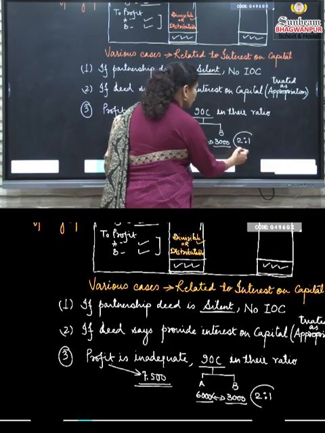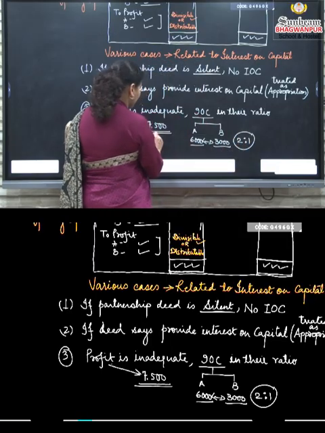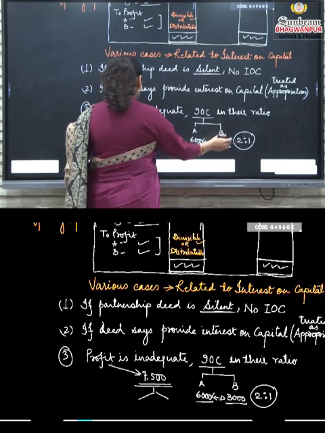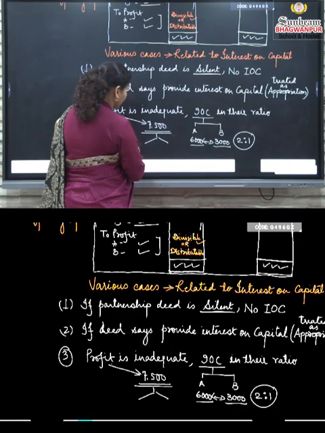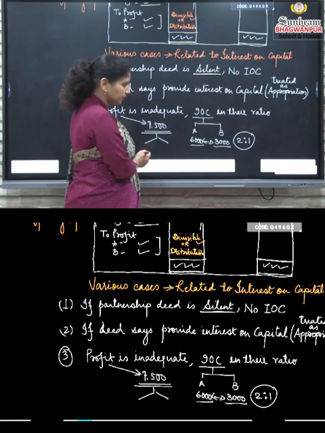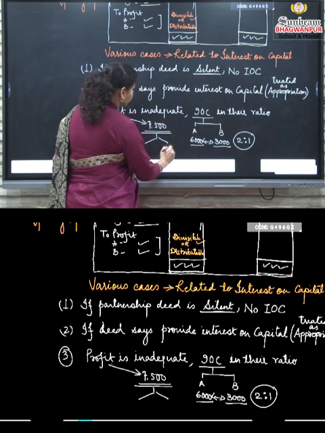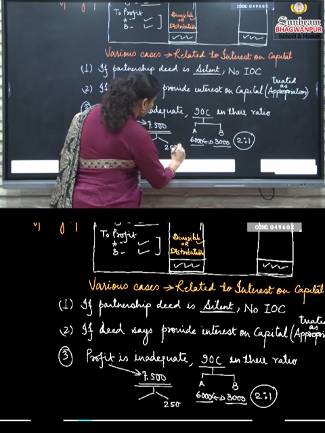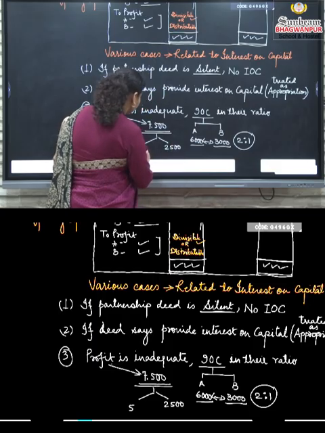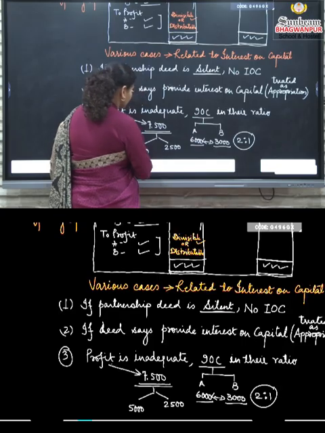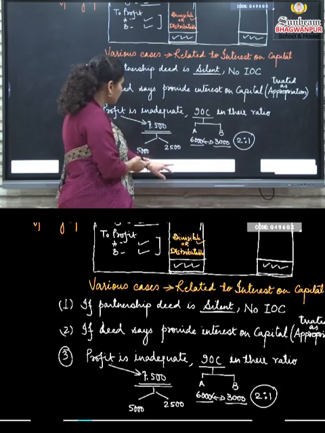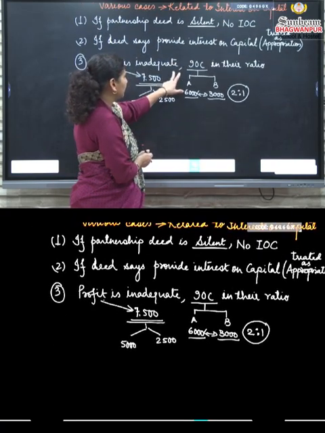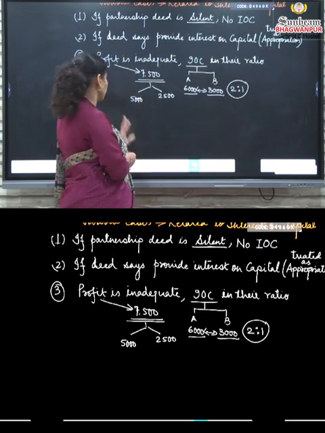Now this 2:1 is going to be applied on this, and this will be divided in this ratio, right. So 7,500 multiplied by 2/3 and 1/3 gives 5,000 and 2,500. In this way, we will distribute the amount of interest on capital in this ratio, okay.